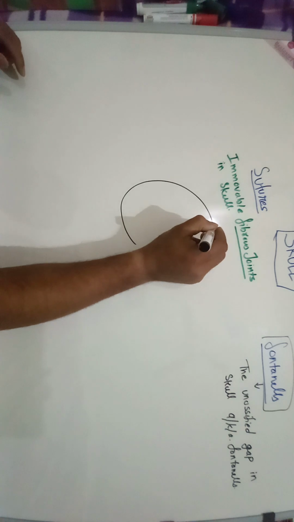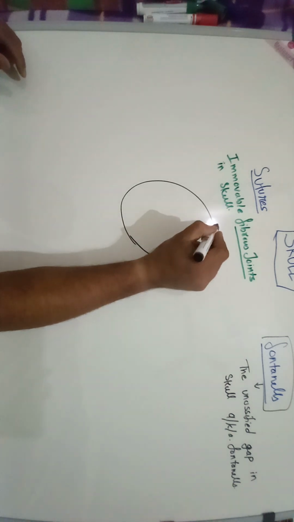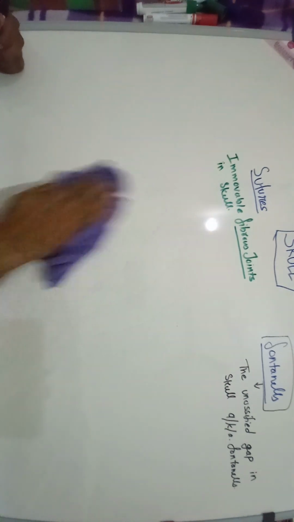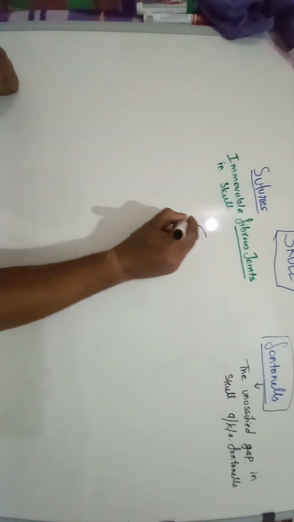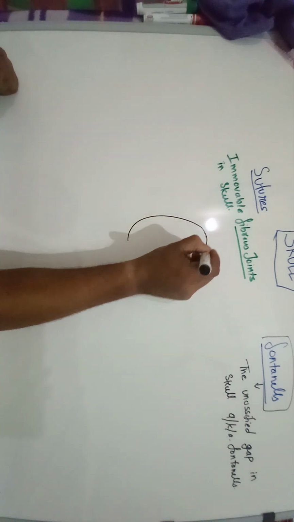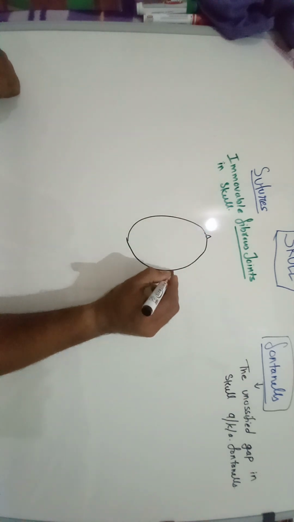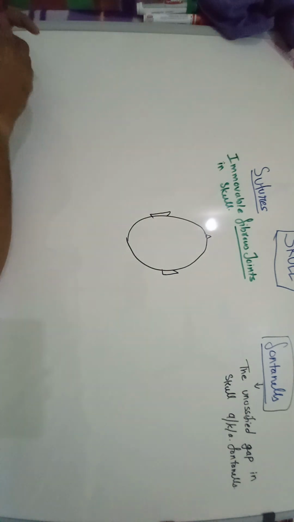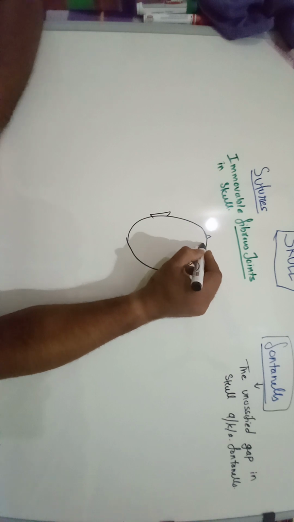First, this is a skull, with the nose. This is the frontal bone.